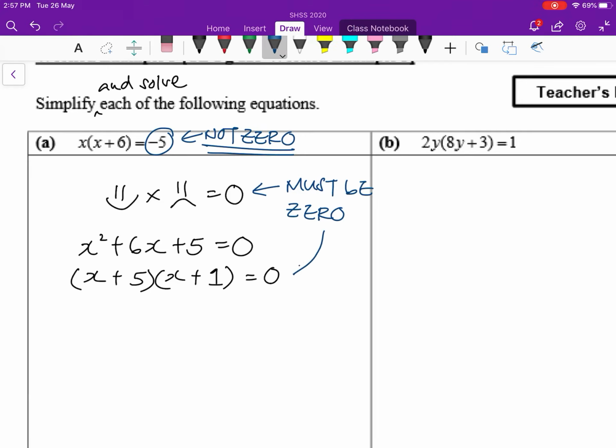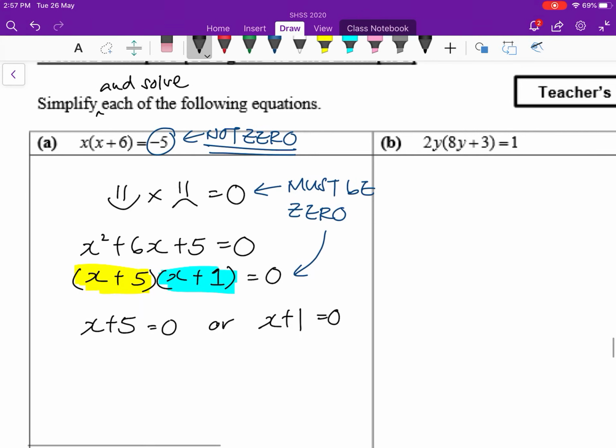Now it is equals to 0. So then you can do yellow color times blue color equals to 0. Then you get x plus 5 equals to 0, or x plus 1 equals to 0, x equals to minus 5, or x equals to minus 1.